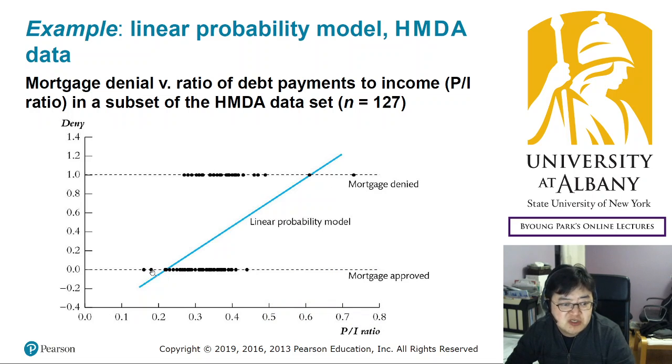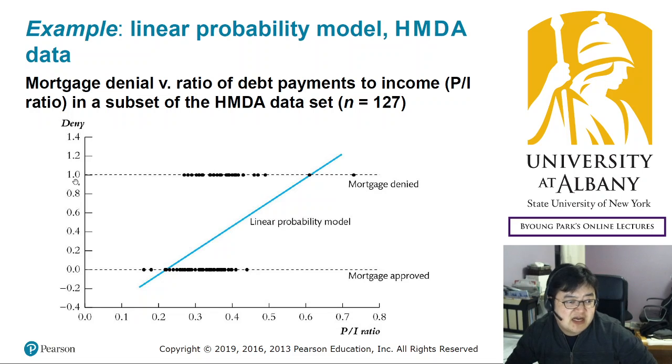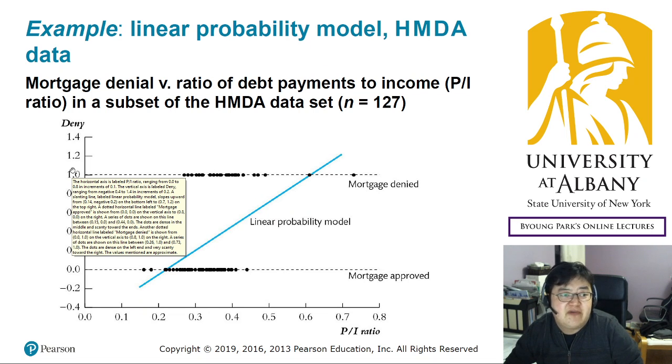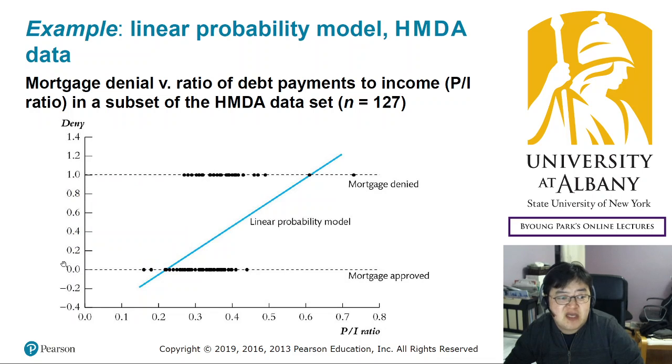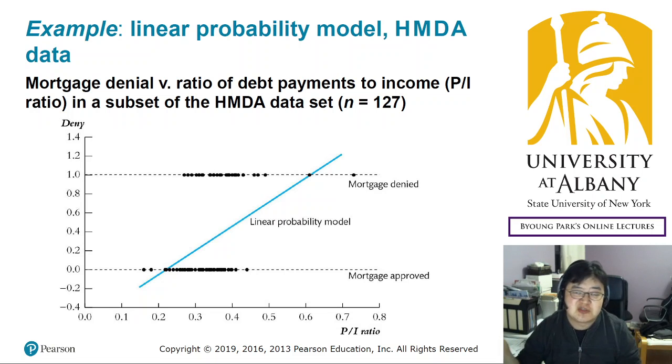So your observations are here. Their outcome is 0. In this data, by the way, y equals 1 if denied, and y equals 0 if accepted. It does not matter; you may change 1 or 0. It's just a matter of how you encode 0 or 1.